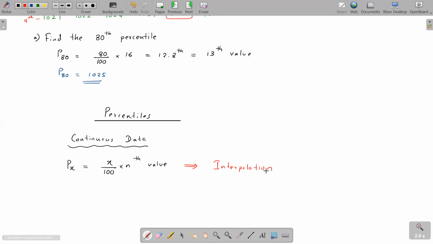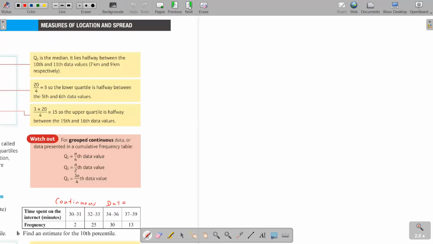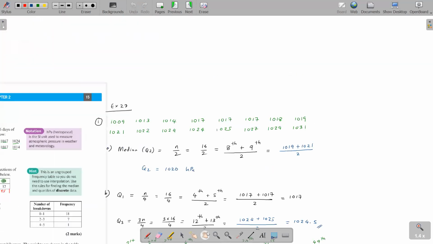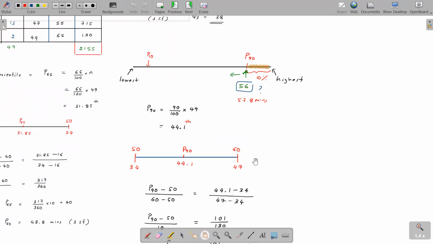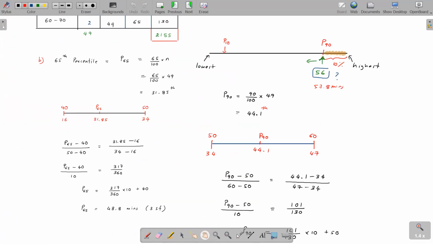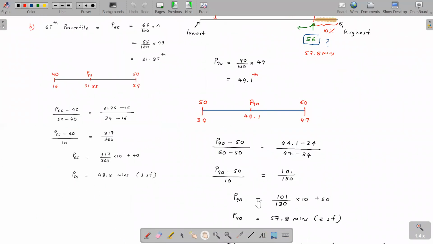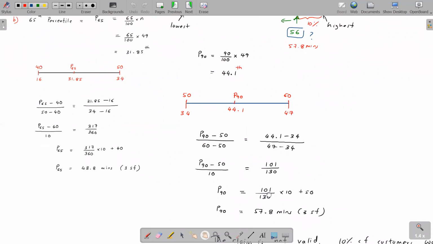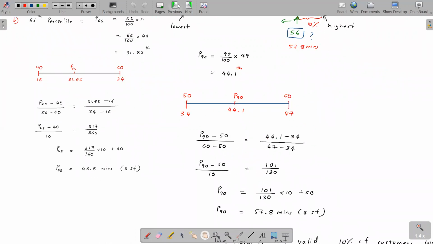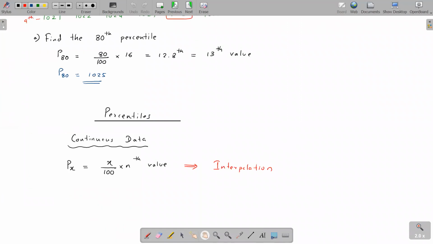We have done this in an example over here, right? I did question number 5, where I applied linear interpolation to find the percentile. So this is when the data is continuous. If the data is continuous, you will apply interpolation to find the percentile.